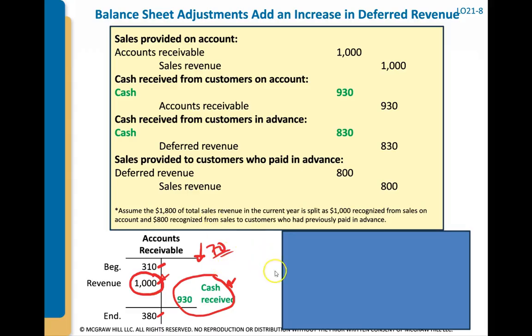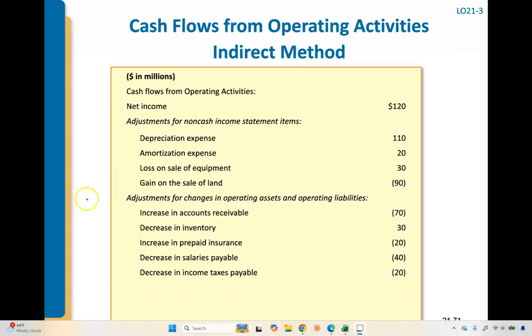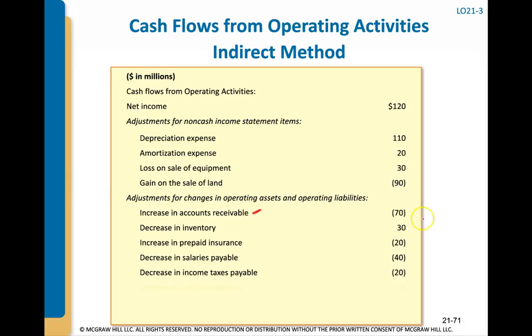And I want to show you what we did to our increase in accounts receivable when we reflected it on the statement of cash flows. You can see right here when we had an increase in accounts receivable, we reduced it by $70. So if the full 1,800 went to accounts receivable, we would have had a reduction of 70.